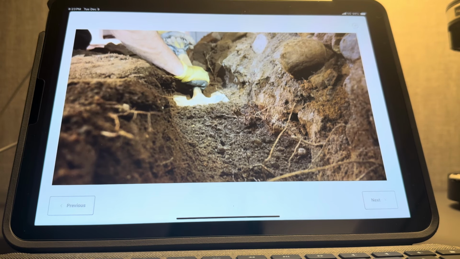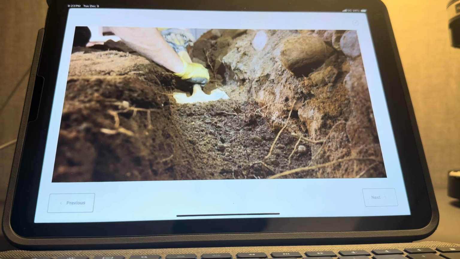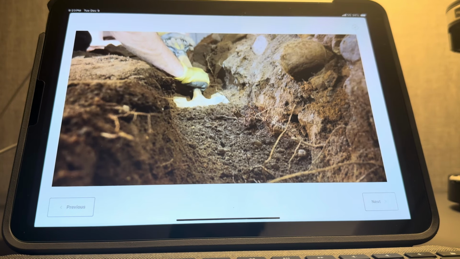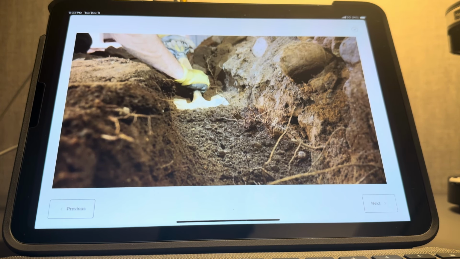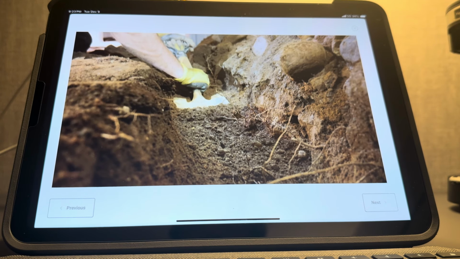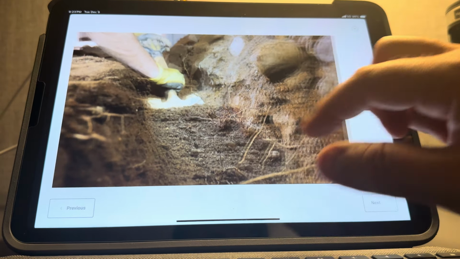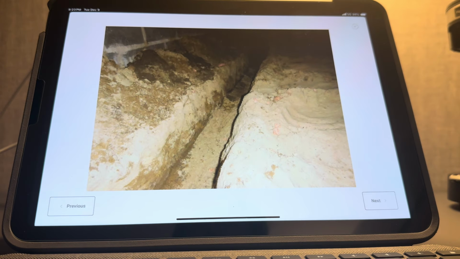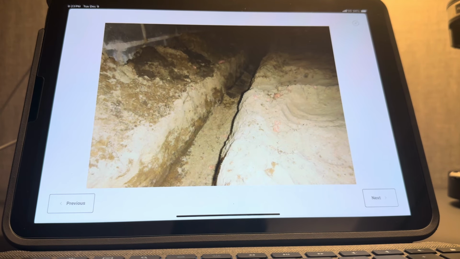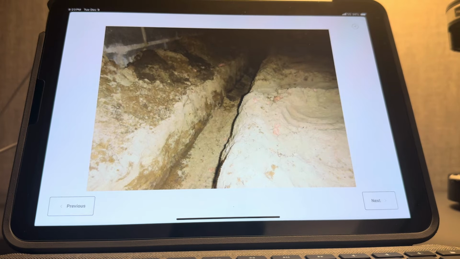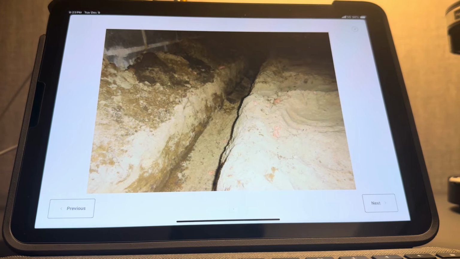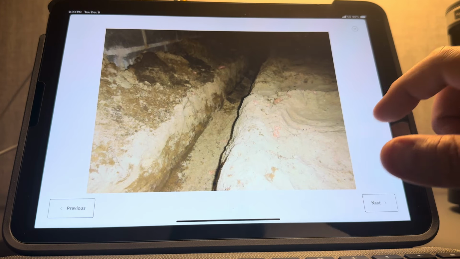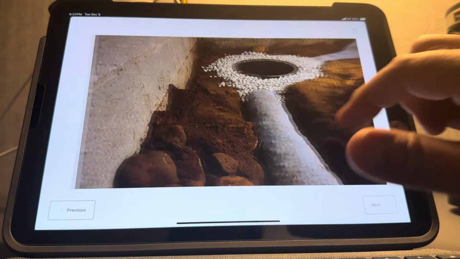This is hard work, and our installers are the best in the business at what they do, but I'm sure you can imagine this is certainly grueling. It is required as a trench to prepare your space for our drainage system. And there's the finished product of what that trench would look like when it's fully dug out by our installation teams.